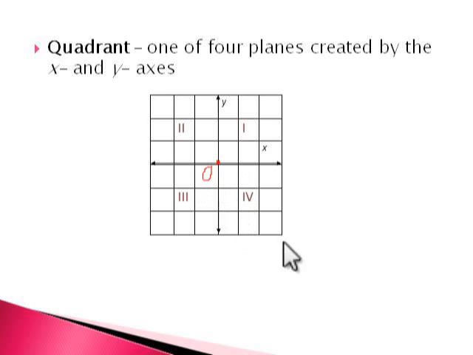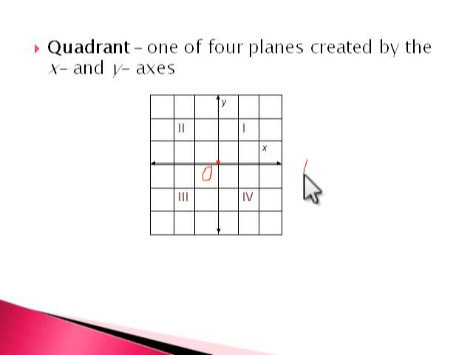And of course, this is the fourth, Roman numeral 4. Each time you go over one spot to where the lines intersect, that is considered a unit. So if this point here is 0, then this is 1. This is 2. This is 3.